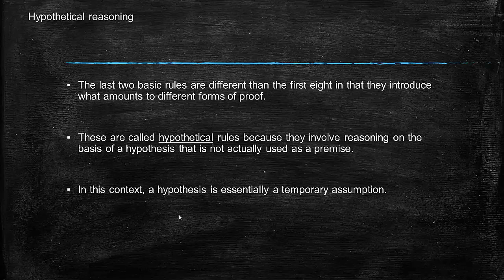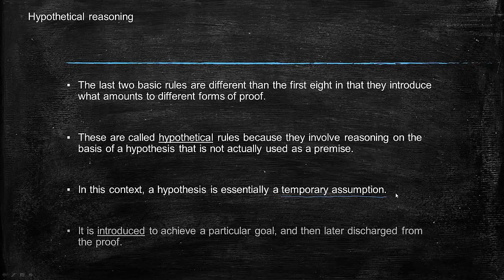So in this context, what we mean by a hypothesis is that it's essentially a temporary assumption. We introduce it, or we suppose it, or we hypothesize it to achieve some particular goal. And then later, we discharge the hypothesis from the proof.